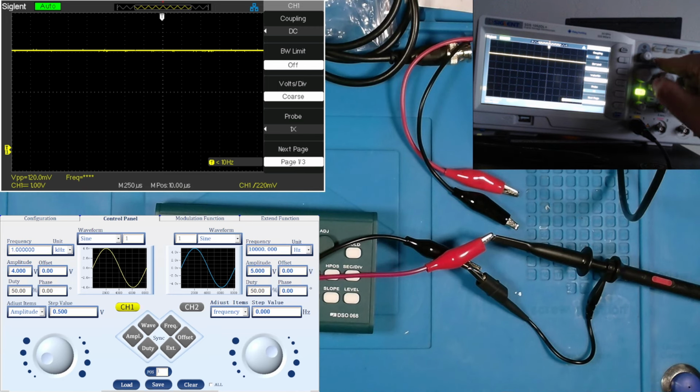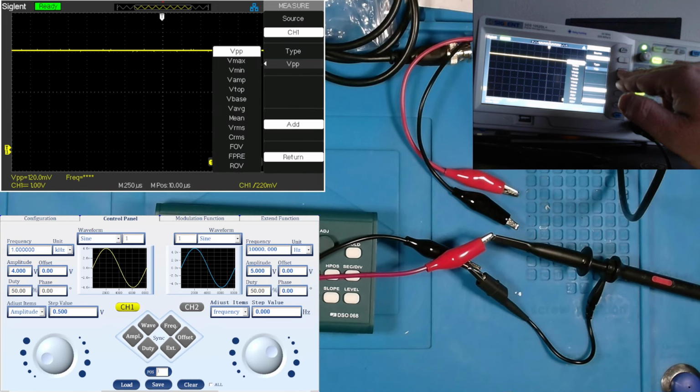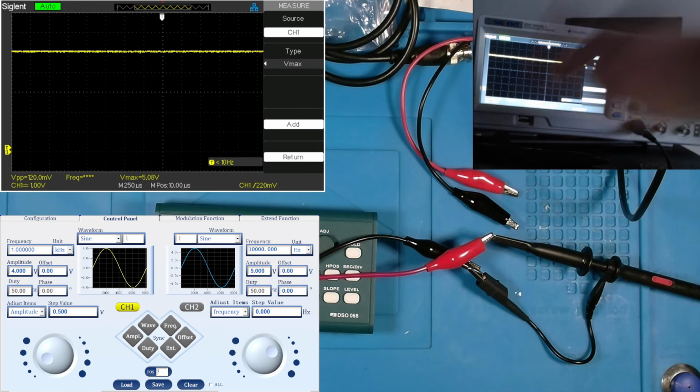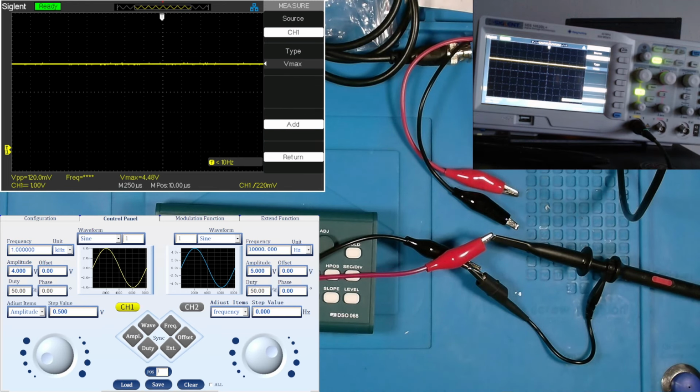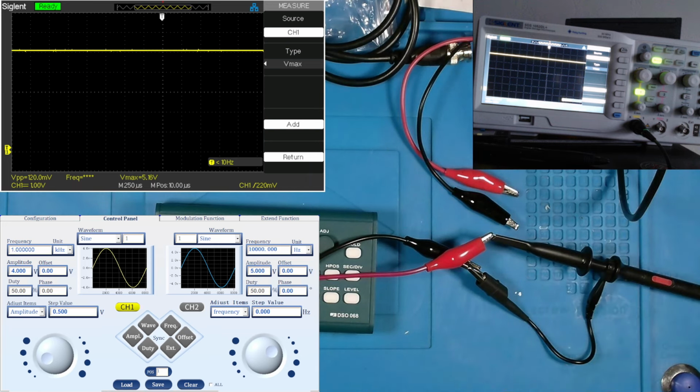Well, if you remember on the measurement menu, when we added voltage, we did volts peak to peak. Let me add in a voltage max. And now we have our actual DC voltage. I bumped my probe a little bit there, or maybe that was the DC power supply. But yeah, again, basic DC measurement, pretty simple thing.